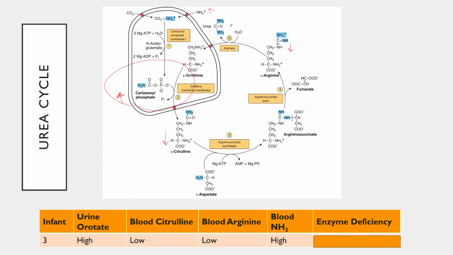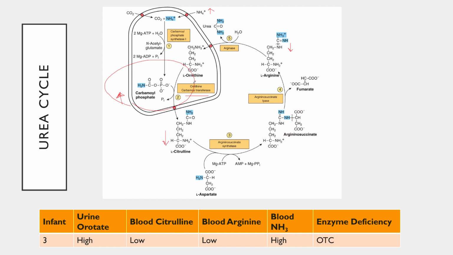So given that we have an increased circulation of ammonia and an increased amount of carbamyl phosphate, this would suggest that carbamyl phosphate synthetase is active in producing carbamyl phosphate, but that our ornithine transcarbamylase is deficient, as we're not using this carbamyl phosphate pool to synthesize citrulline.